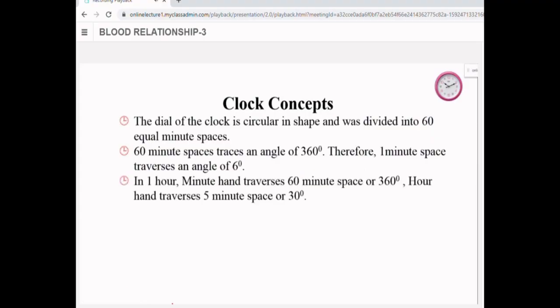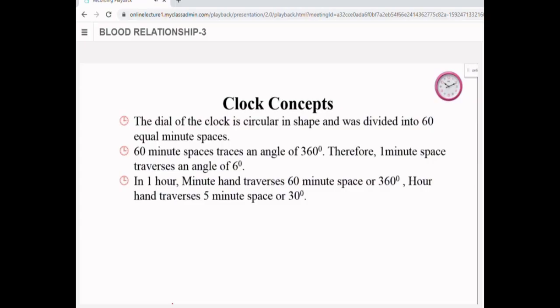Further, in 1 hour, the minute hand traverses 60 minutes. The minute hand goes all the way around, that is 360 degrees. The hour hand traverses 5 minute spaces, or 30 degrees, in 1 hour. Let's say 1 o'clock to 2 o'clock. What happens to the hour hand, the short hand in a clock?